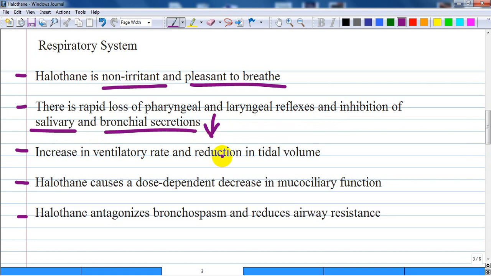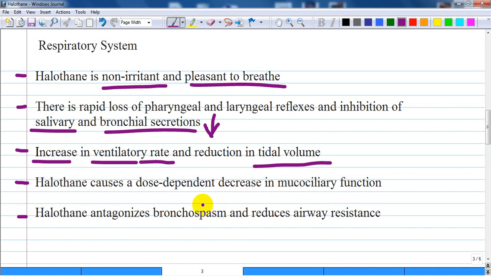In the unpremedicated subject, Halothane anesthesia is associated with an increase in ventilatory rate and reduction in tidal volume.